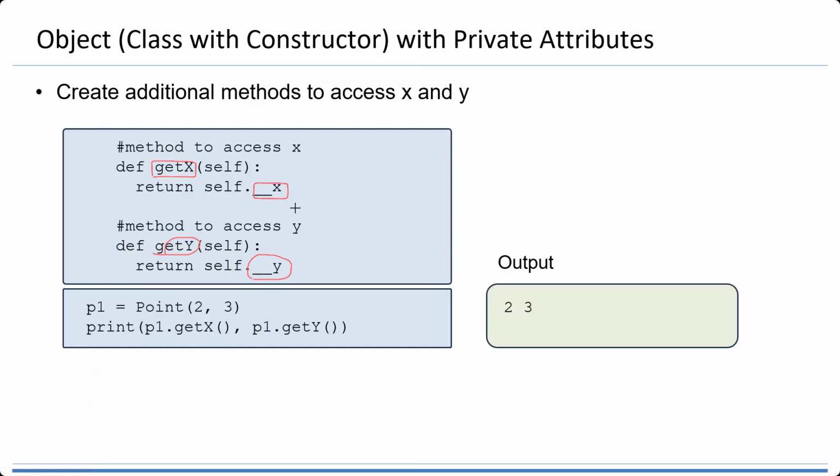So you cannot easily access like before, p1 dot x. In order to get the value, you need to use the method get x to get the value of underbar x. You also need to call the function get y in order to get the value of underbar y.